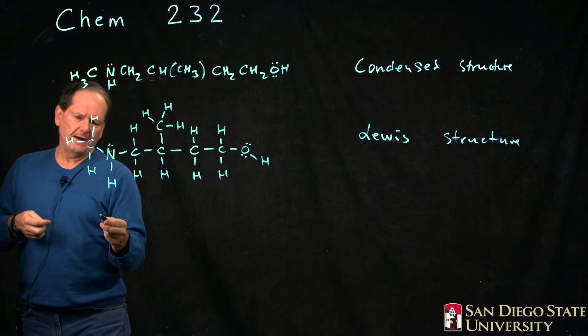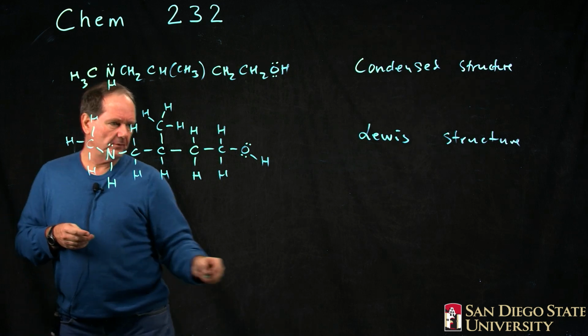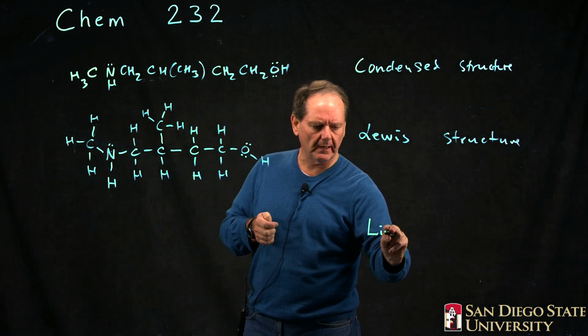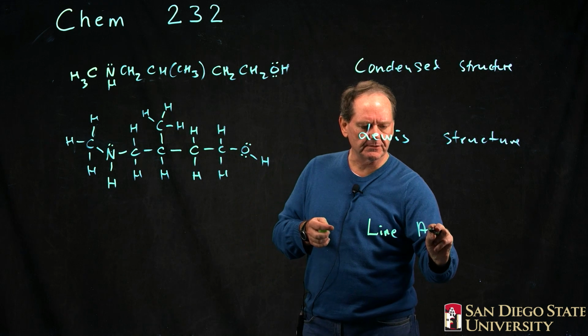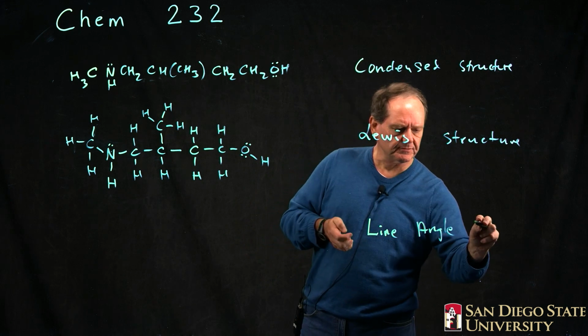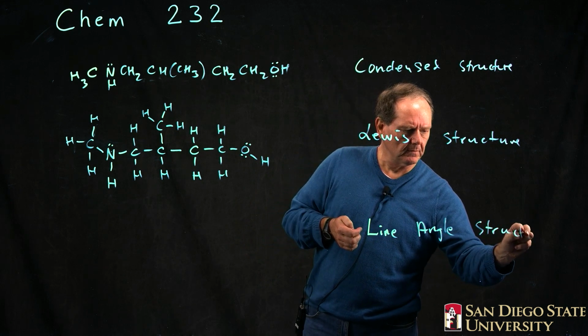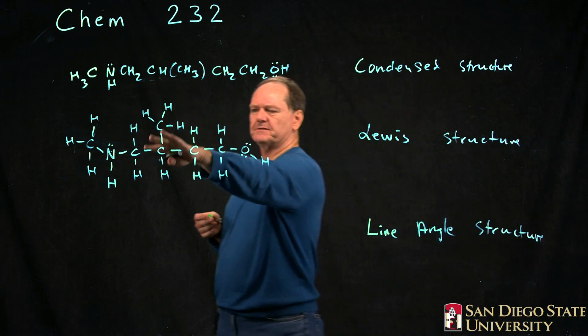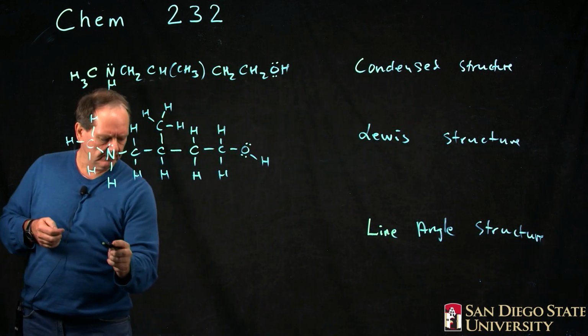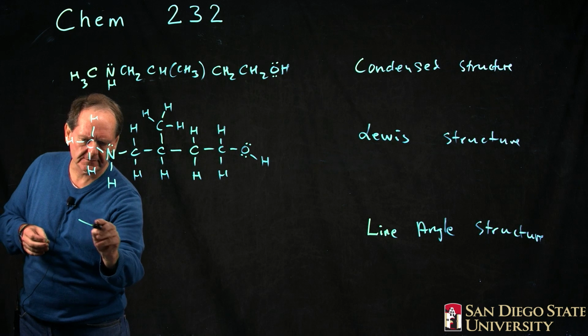An even simpler way to draw this molecule is what we call the line angle structure. We're going to translate this molecule into a line angle structure, and it looks something like this.